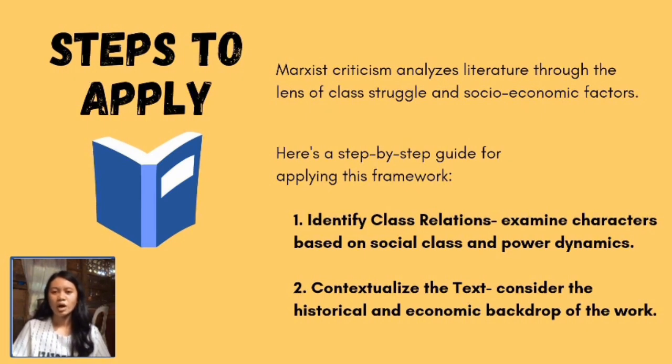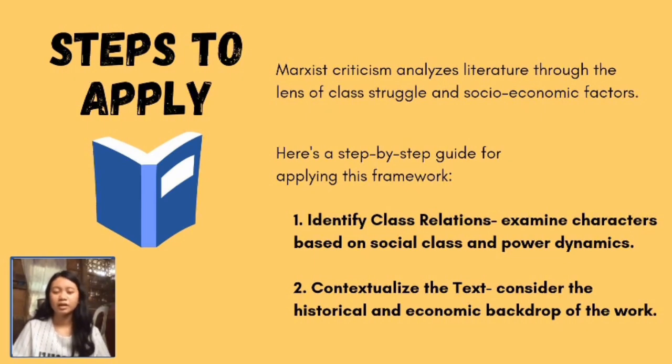A key aspect of this approach is identifying and examining the class relations depicted within a text. It is used to see how characters, actions, and the relationships in a text reflect the power dynamics and inequalities inherent in a class-based society.